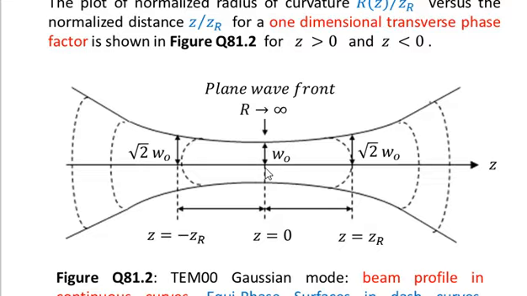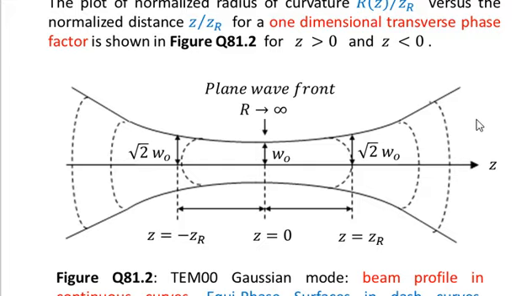When this plane wavefront travels either to the left side or to the right side, it becomes spherical, and the wave has the largest curvature at Z equal to ZR. That is why the distance Z equal to ZR, the Rayleigh range distance, is also important. You see that here the curvature is maximum, and after that the curvature will decrease.